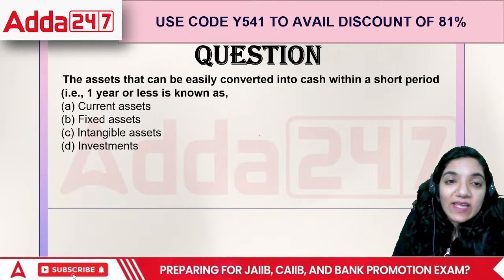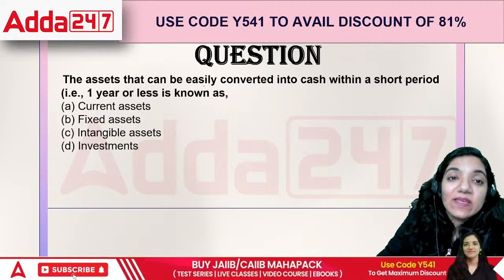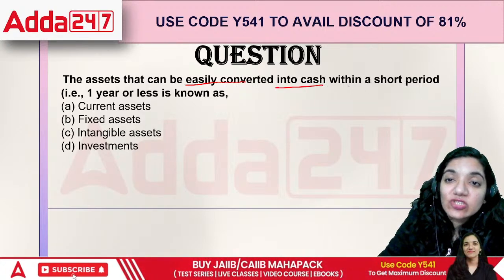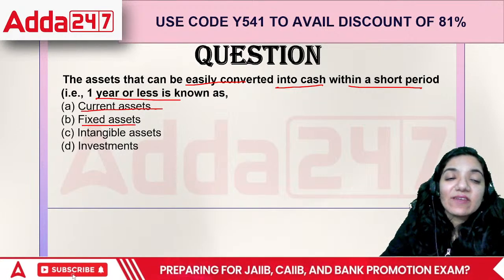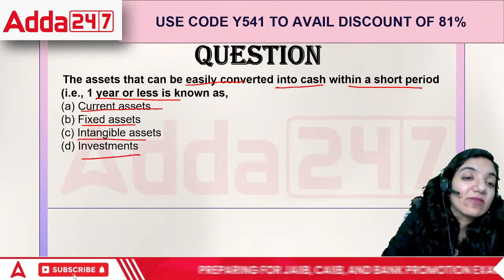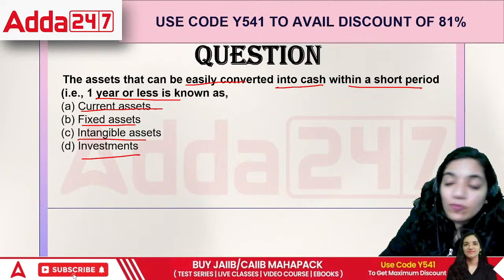Now comes the next question. The assets that can be easily converted into cash within a short period of time will be known as current assets, fixed assets, intangible assets, or investments? What can we call it?